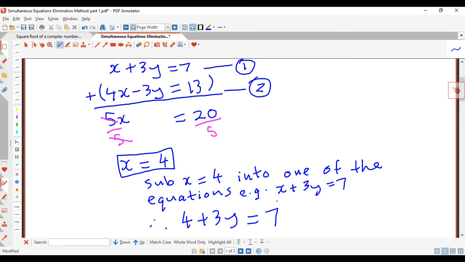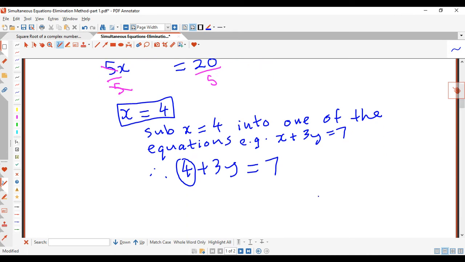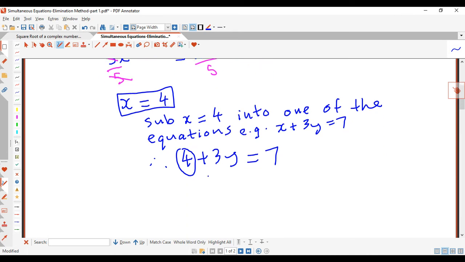Okay, so that x there has now been replaced by that 4. Okay, I can solve that equation now. So minus 4 from both sides. It gives me 3y is equal to 3.